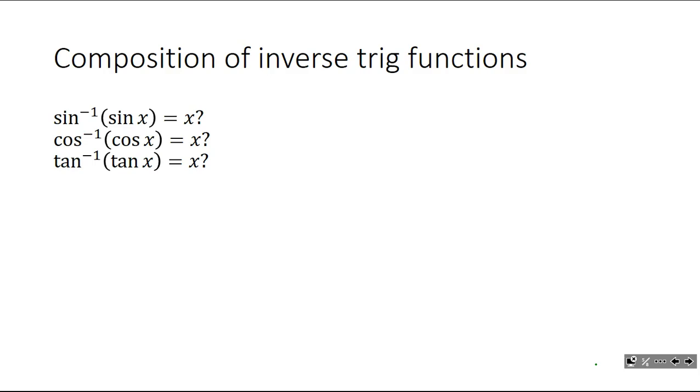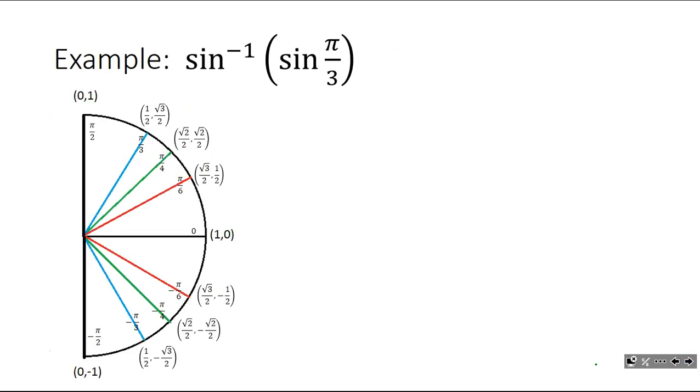So let's look at an example of this situation. I have the inverse function on the outside, inverse sine. On the inside I have sine of pi over 3. So let's just start with our working hypothesis. We think the answer will be pi over 3, but let's see if that turns out to really be the case or not.